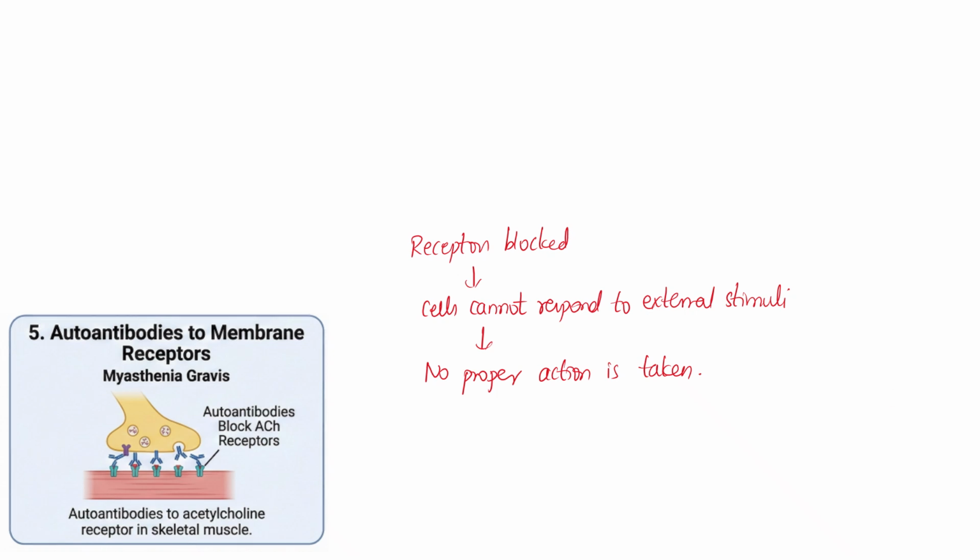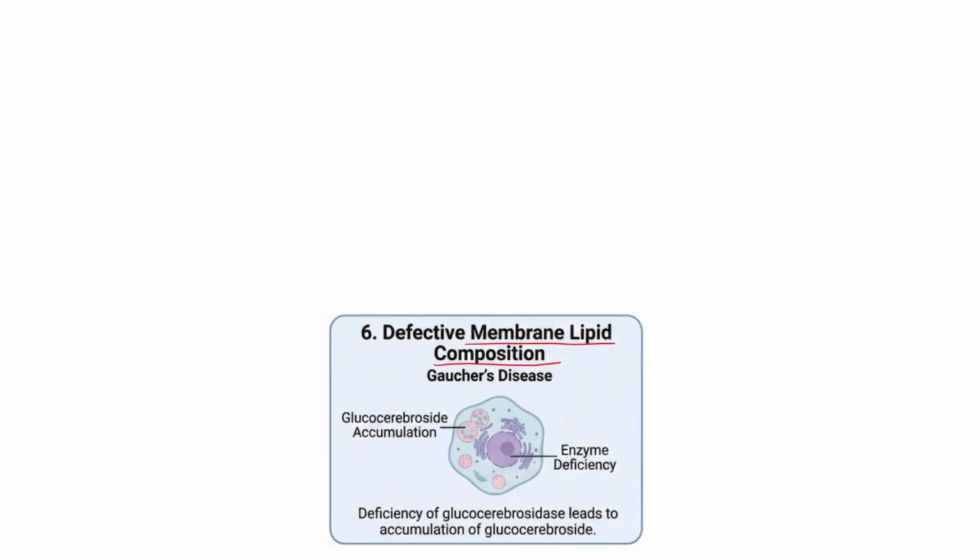Then next, now coming to the defective membrane lipid composition, we have seen already the membrane protein defects. Now membrane lipid composition, if there is an enzyme deficiency like glucocerebrosidase. In the Gaucher's disease, there is deficiency of the enzyme glucocerebrosidase.